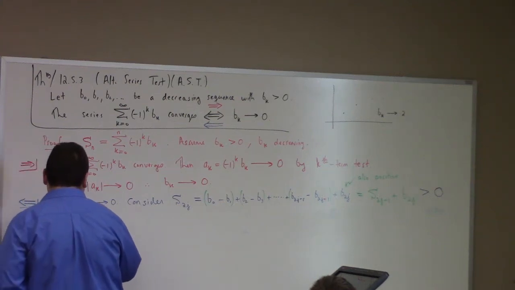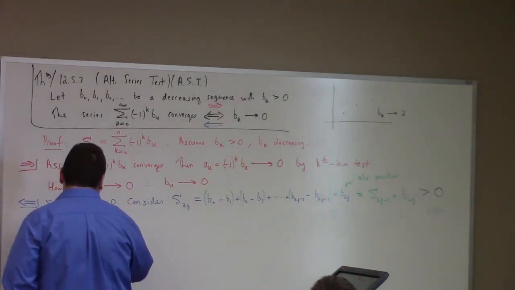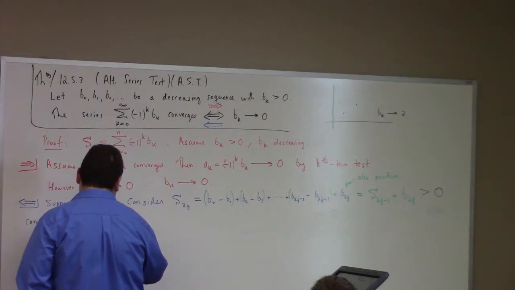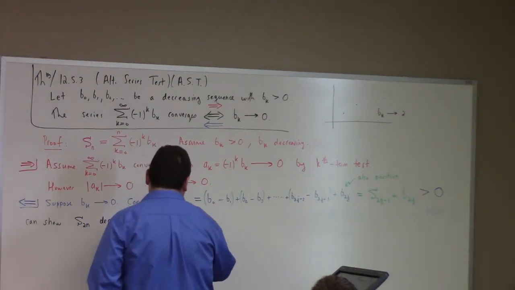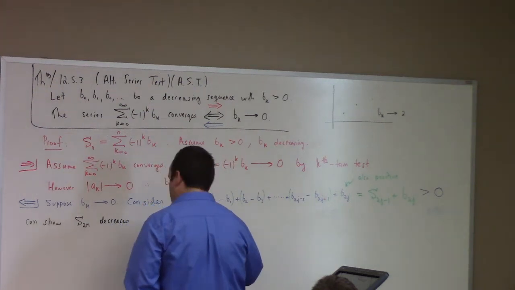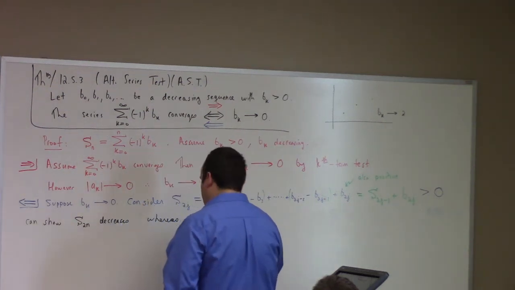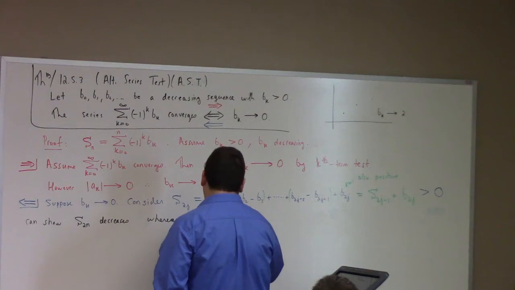You can show that S sub 2n decreases, whereas S sub 2n minus 1 increases.